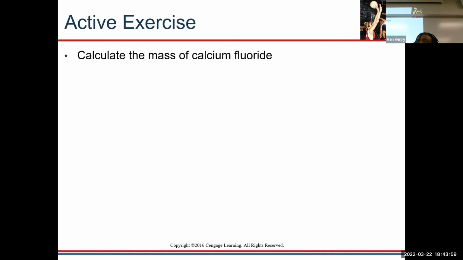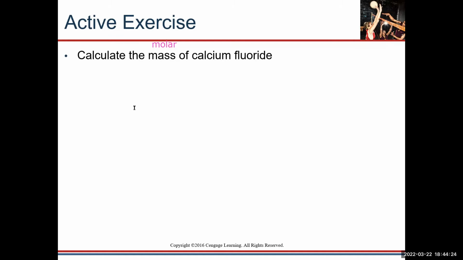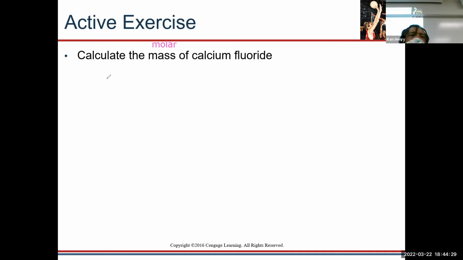So calculate the mass of calcium fluoride. I should say specifically the molar mass. So how would I go about doing that? First thing I need is the chemical formula. What is the chemical formula of calcium fluoride?